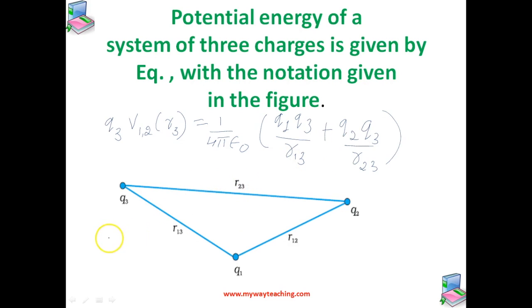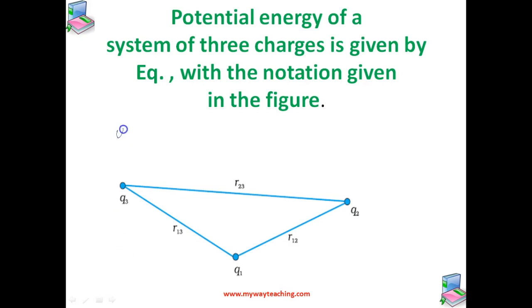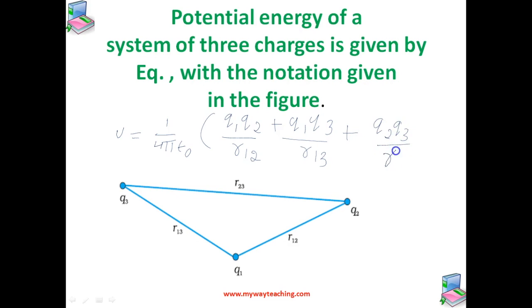So we get the total work done equation, by adding both the steps, as 1 by 4 pi epsilon naught, Q1 Q2 by R12 plus Q1 Q3 by R13 plus Q2 Q3 by R23.